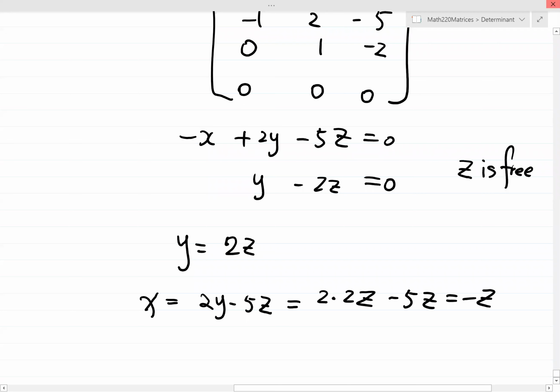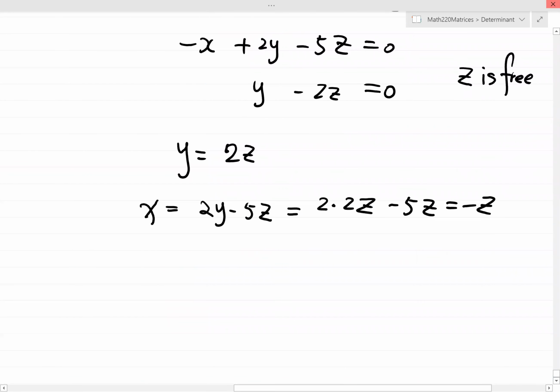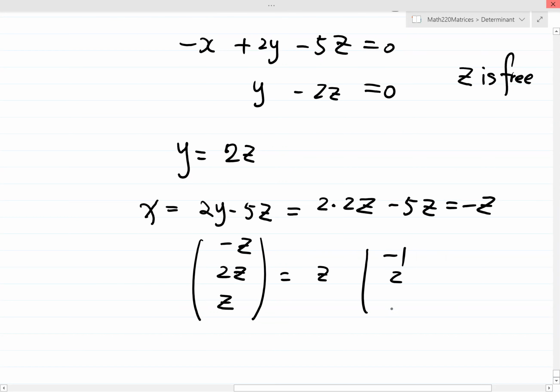So the null space is x is negative z, y is 2z, z is z. So you get z multiple of (negative 1, 2, 1).